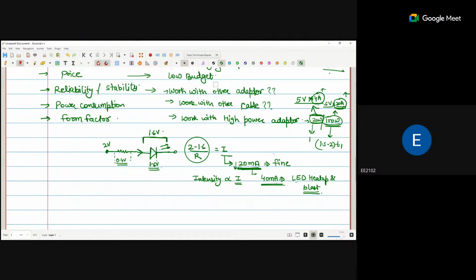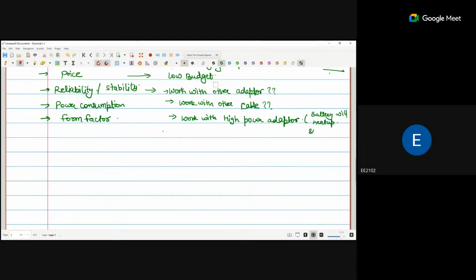So the stability is that if you charge with the higher adapter, we know that in that scenario the battery will heat up, but the stability will be defined by whether your charging subsystem avoids the situation of heat.